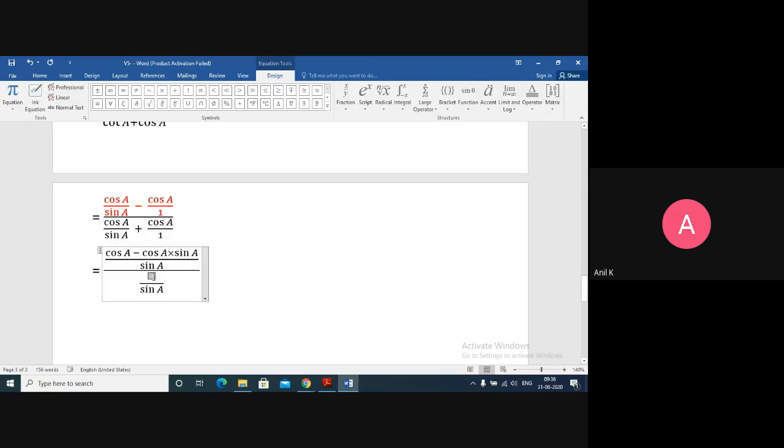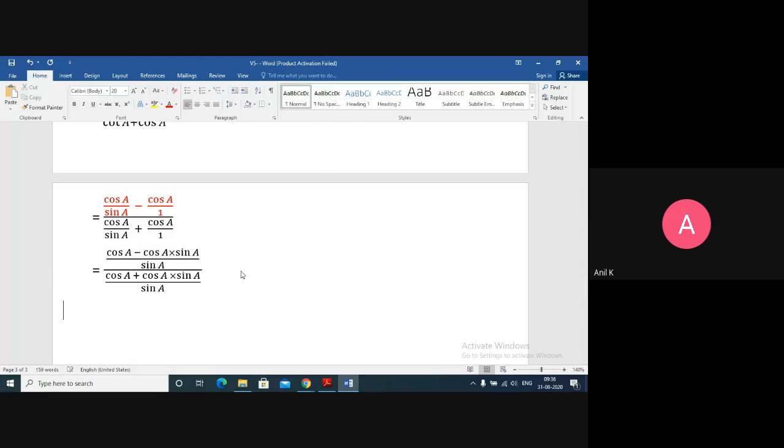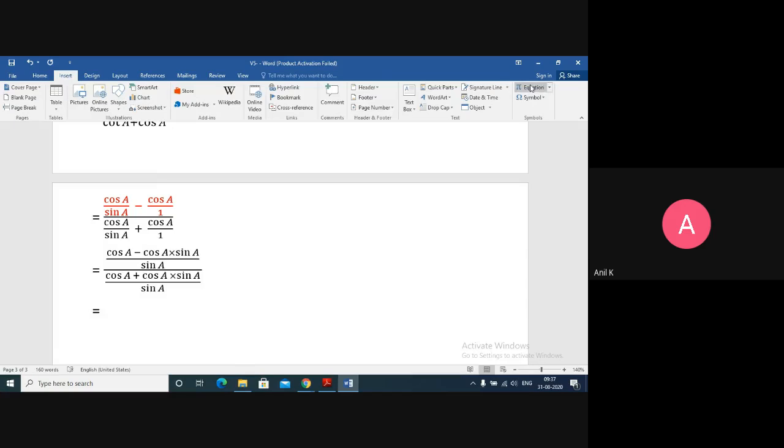So here what you get is cos A plus, here also you will get cos A multiplied by sin A. This is what we get as LCM. LCM is clear for everyone.